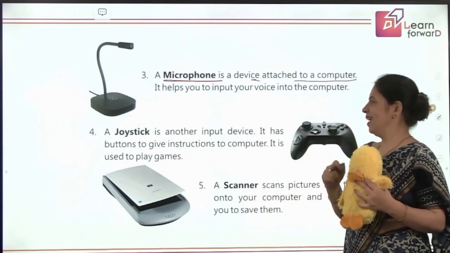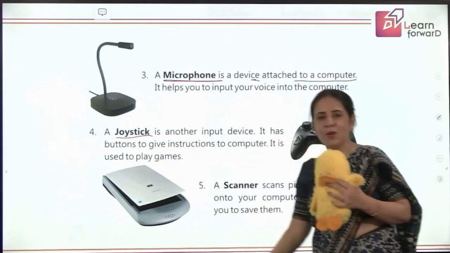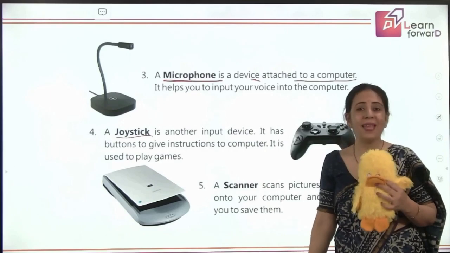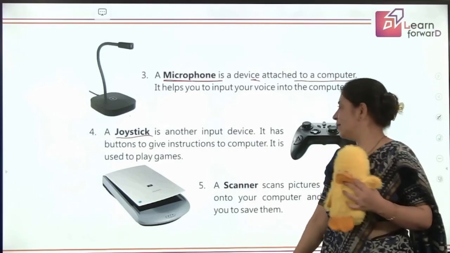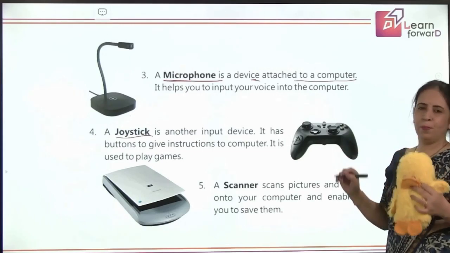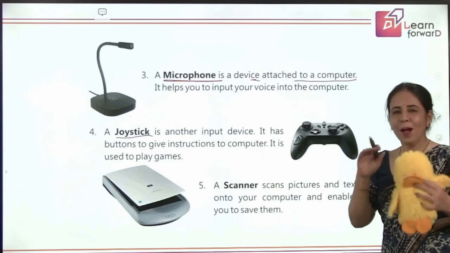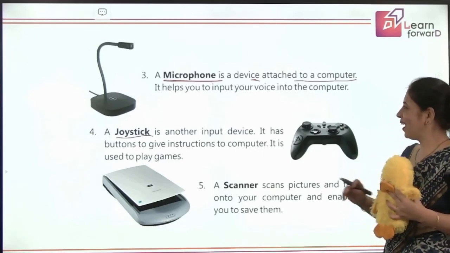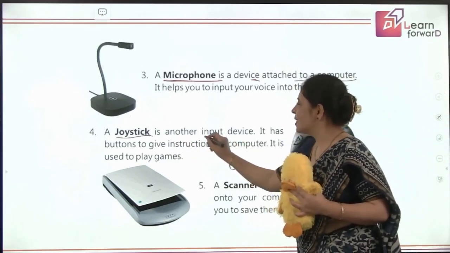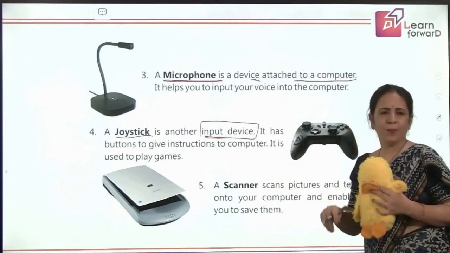Got it? And joystick, yes, we know this. We all play games with joystick, right? So this is a very, very common input device which every child attaches to the computer when you are playing games on it. Okay? So joystick is another input device. Why do you call it an input device?